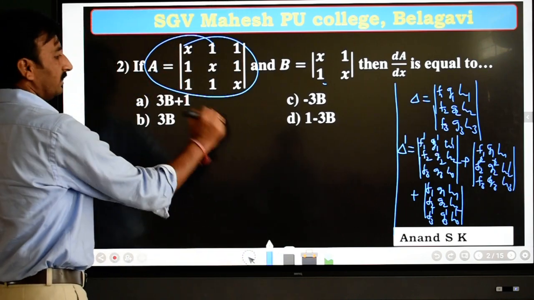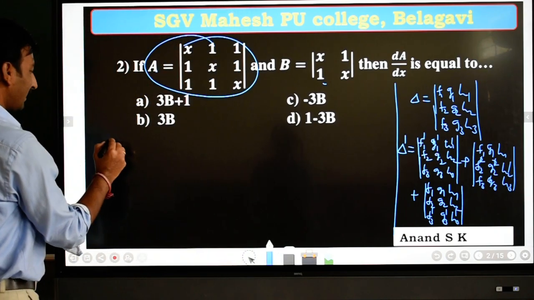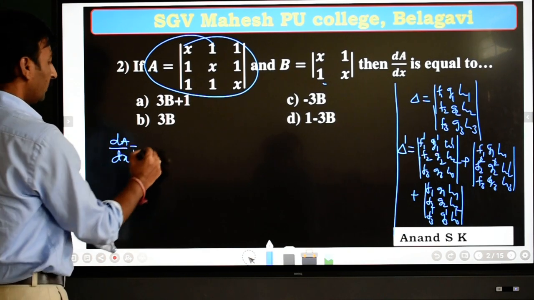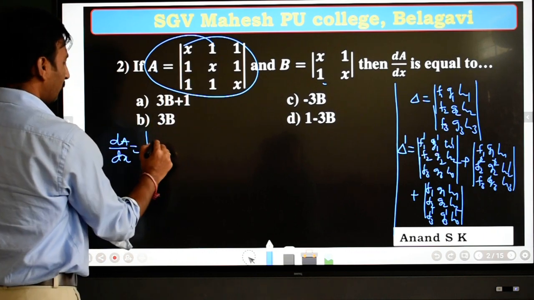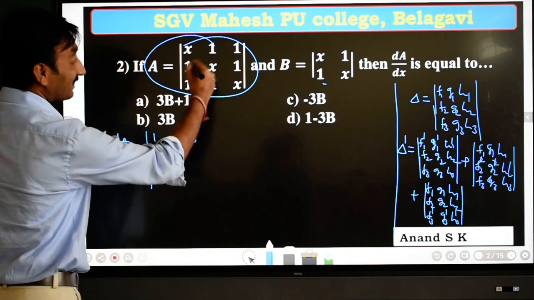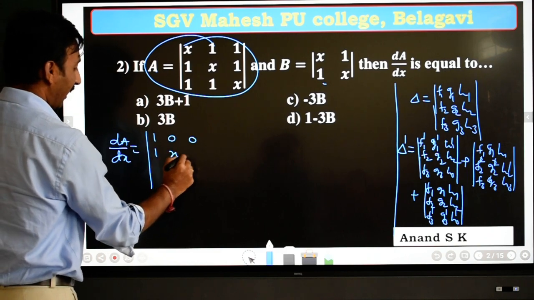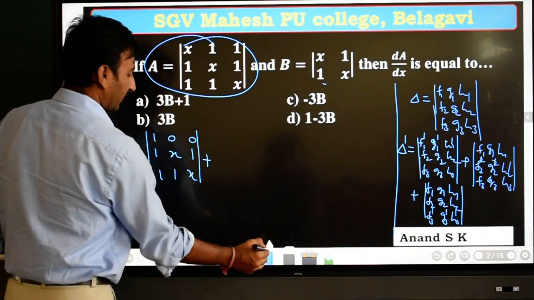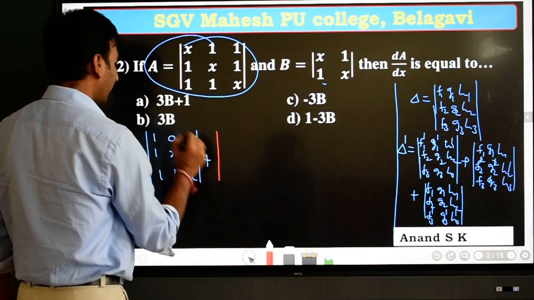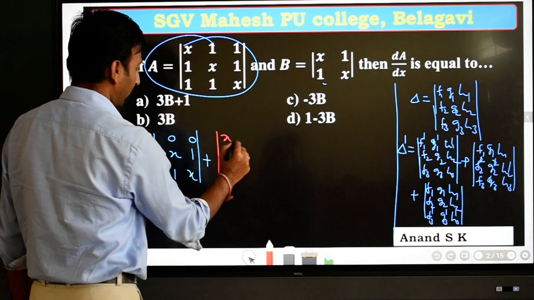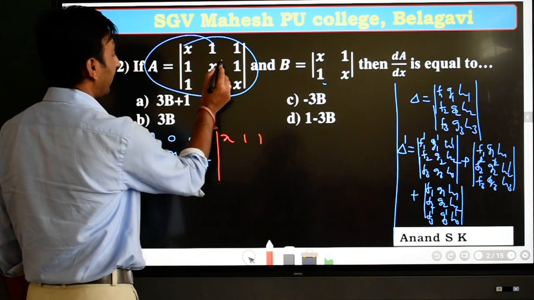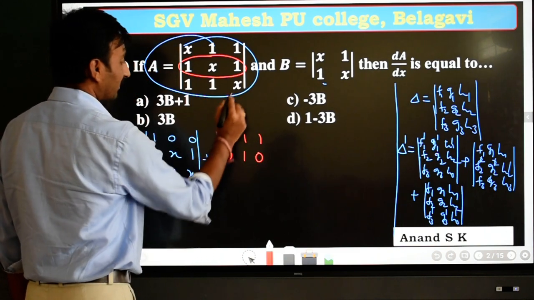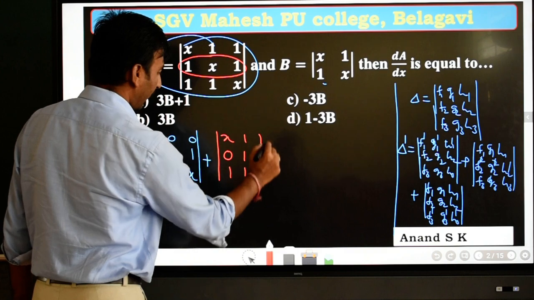Now let us proceed and apply this rule here. What exactly you get is dA by dx equal to, first row differentiated, which is 1, 0, 0, and the remaining rows with no change, 1, x, 1, 1, x, plus second, you take the determinant with no change in the first row, x, 1, 1, but differentiating only the second row, which is 0, 1, 0, and third row no change, 1, 1, x.